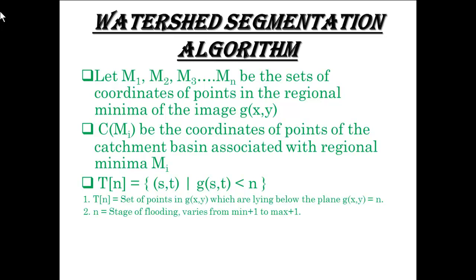N equals the stage of flooding, varying from min+1 to max+1. Min equals the minimum gray level value. Max equals the maximum gray level value.